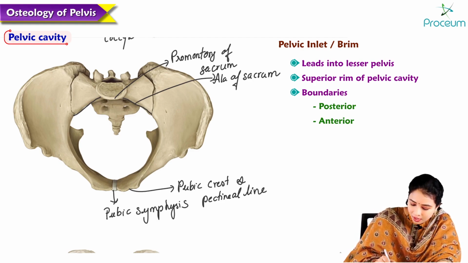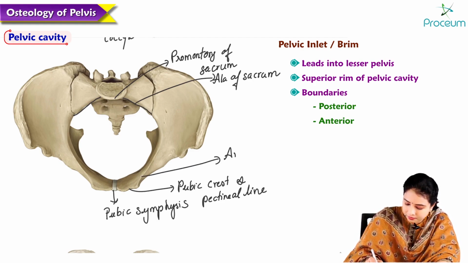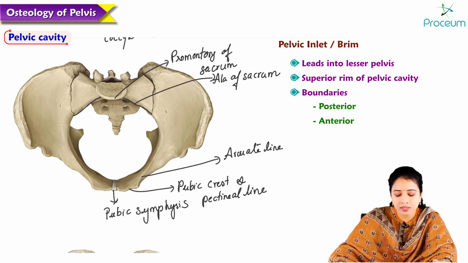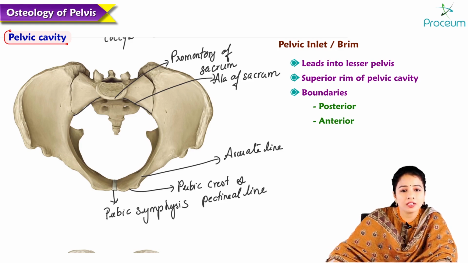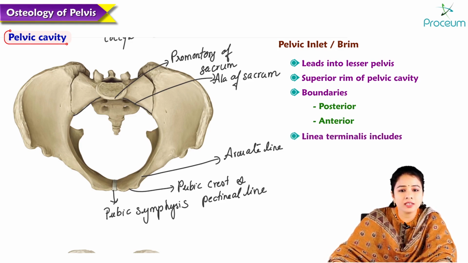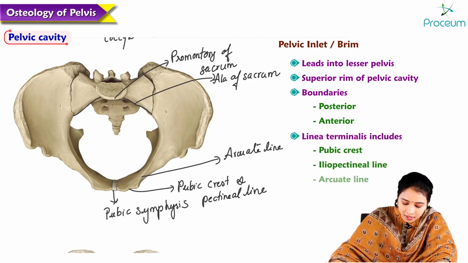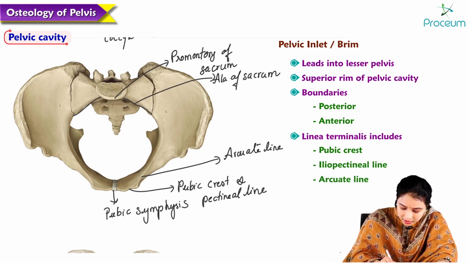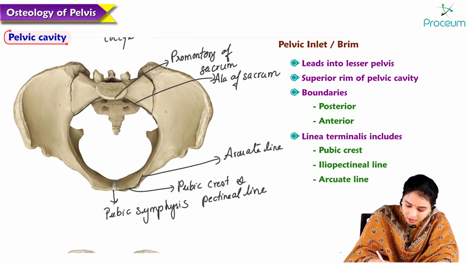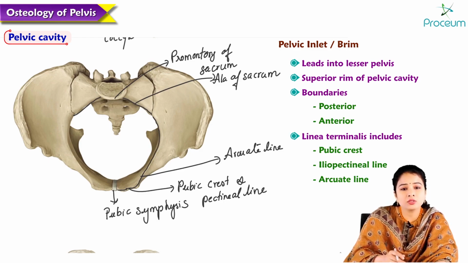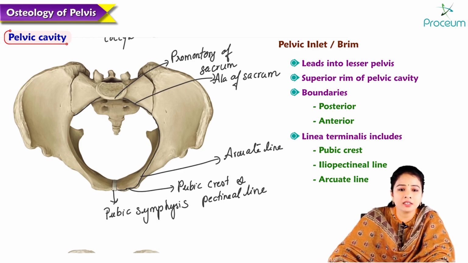So this is the pubic part of the arcuate line. And then this arcuate line continues with the ilium as the linea terminalis. So the linea terminalis includes the pubic crest, iliopectineal line and arcuate line. The iliopectineal line is the line in between the ilium and the pubis. All these together are considered as linea terminalis.